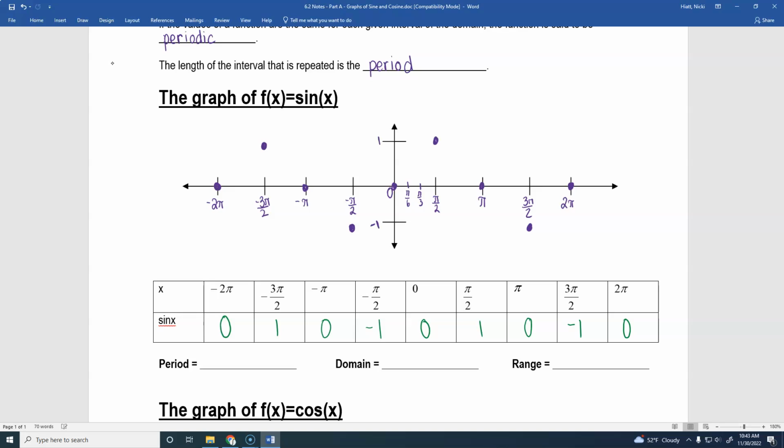Pi over 6 is 1/2, right? And then pi over 3 is square root of 3 over 2, which is about 0.8, so that would be up here. If we filled in all of the values, you would see that it's going to be a curve and not just a straight line. So when you draw this in, you don't have to have it perfect, but you do want to have curvy lines.